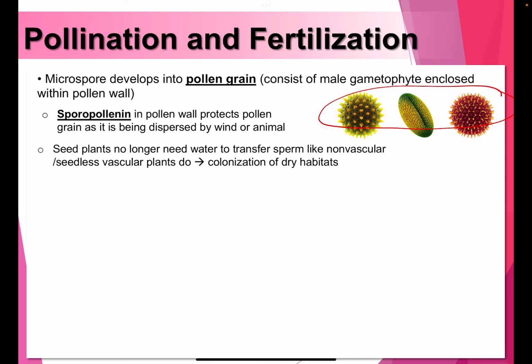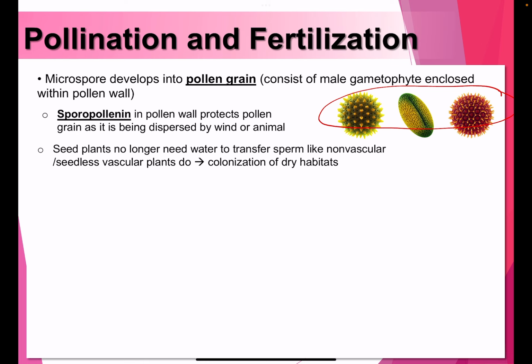And they sometimes have protrusions like this or are flat like that, depending on their purpose and their pollination method. We'll talk more about the pollination method later. So seed plants no longer need water to transfer sperm like non-vascular or seedless vascular plants need to, because we notice that now pollen grain only needs wind or to hitchhike a ride on an animal to reach the ovule.